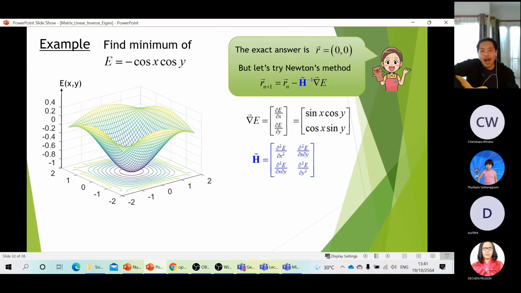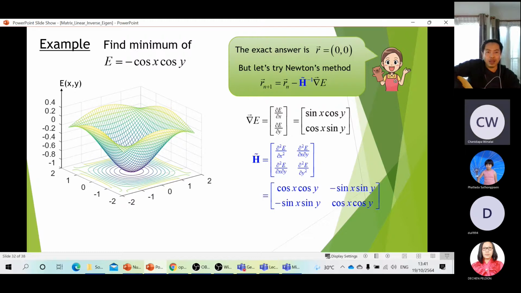Cos x sin y, and then for Panda, you should get this sine x sine y with a minus sign there, and it should be the same value for this and that for the off diagonal over here. And for Patrada, you should get the same diagonal element. So that's very simple. You can do it by hand.